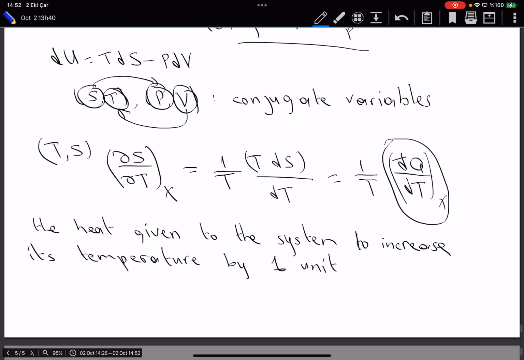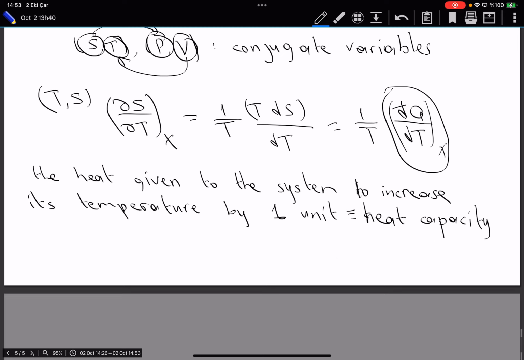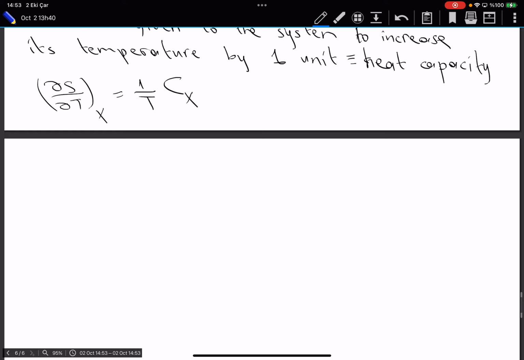Well, that is what we call the heat capacity of the system. So if you want to know dS by dT, keeping something constant, this is nothing but 1 over the temperature times the heat capacity of that process. You can talk about the heat capacity at constant volume, the heat capacity at constant pressure, etc.